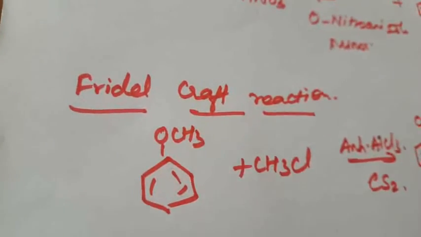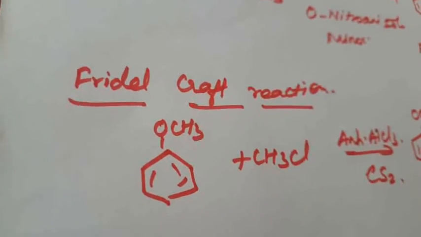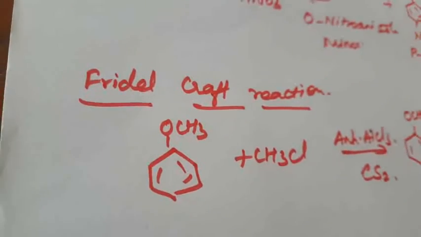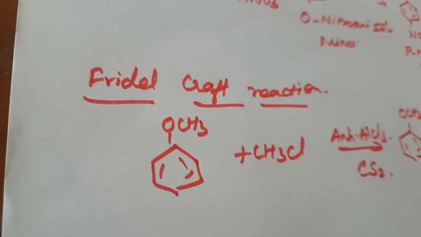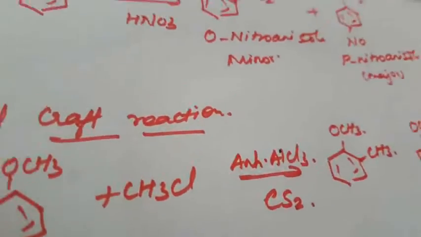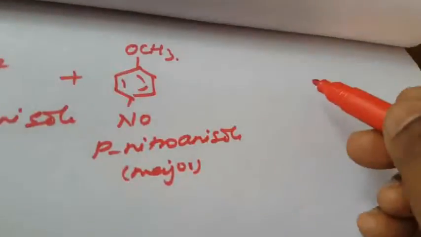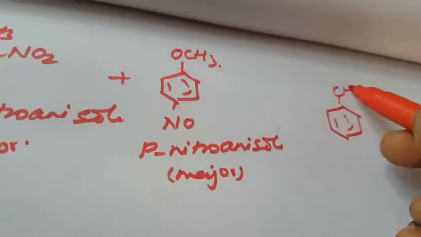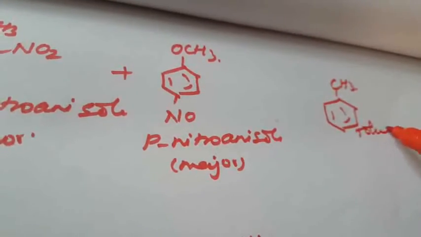This is also OCH3 with CH3. I already told you the structure of toluene: only a CH3 on the benzene ring is called toluene.